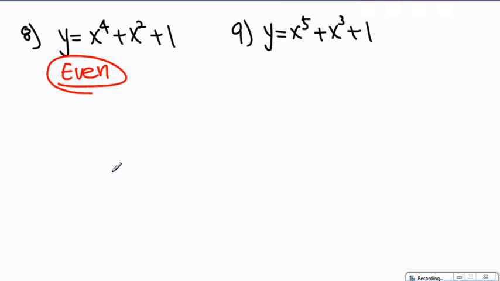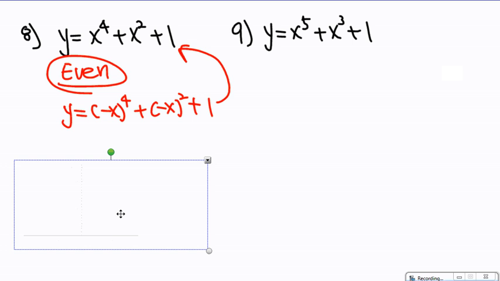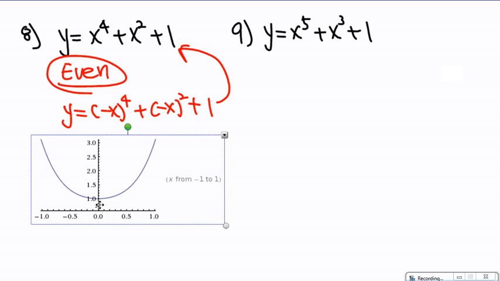You can algebraically see that when you plug in negative x: y equals negative x to the fourth power plus negative x squared plus 1. Because of the square and the fourth power, these negative signs would have cancelled out and become the same thing. And even if you graph it, you see the symmetry about the y-axis right over here.